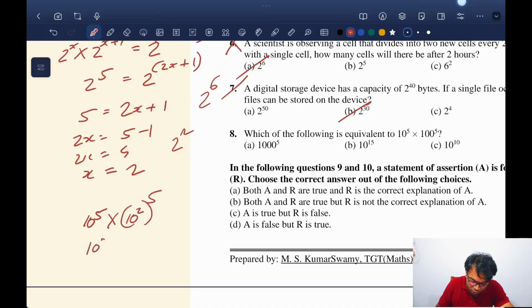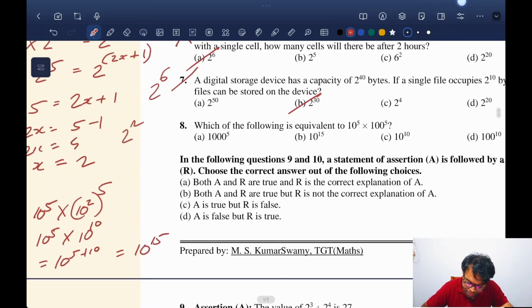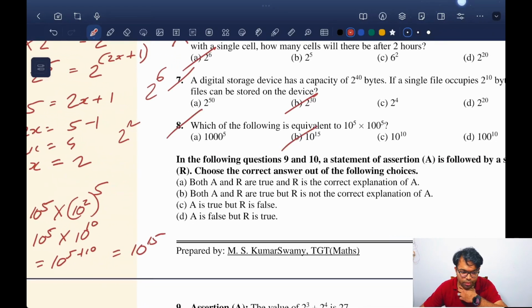So 10 to the power of 5 multiplied by 10 to the power of 5 to the 10 is equal to 10 to the power of 5 plus 10 is equal to 10 to the power of 15. ठीक है. नहीं, ऐसे नहीं करना. हाँ, that is wrong. ठीक है.